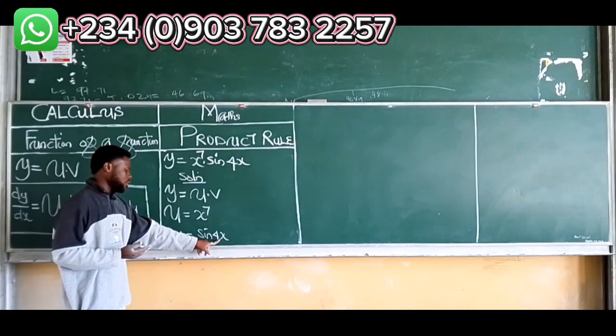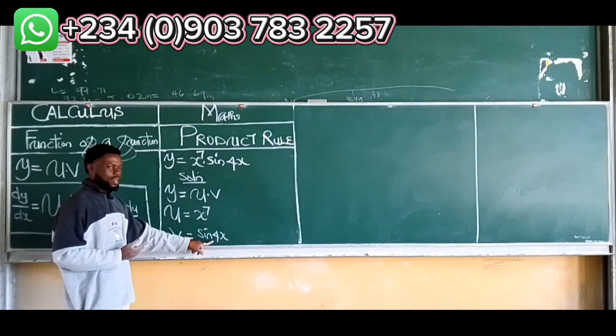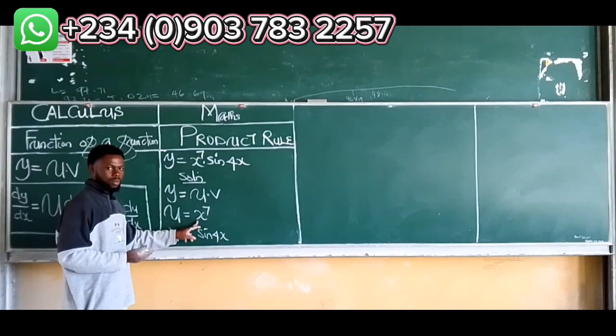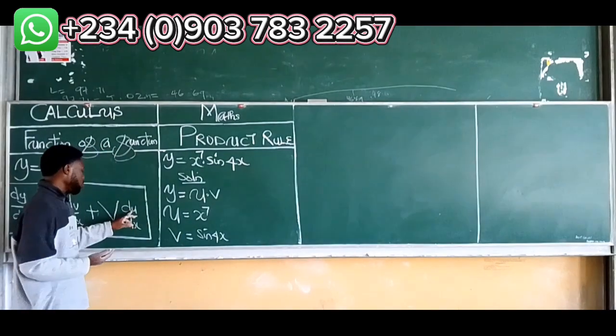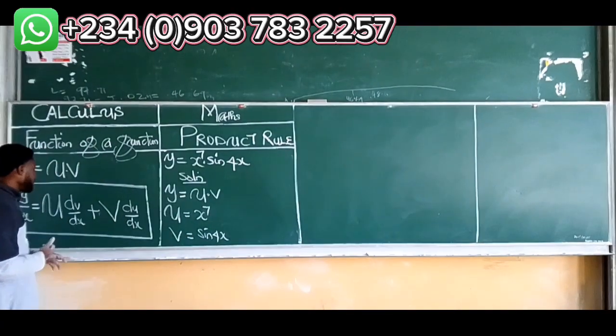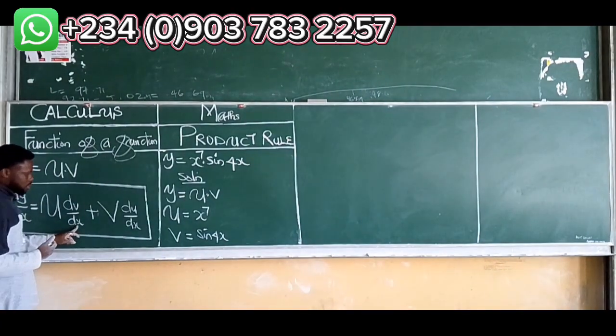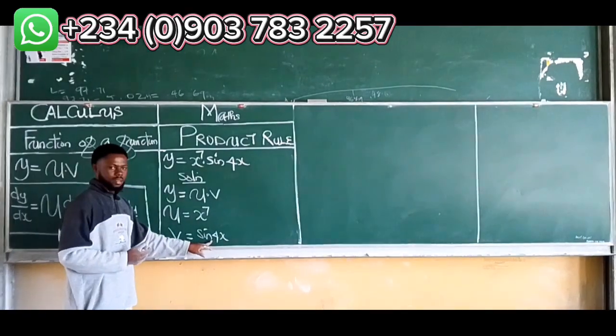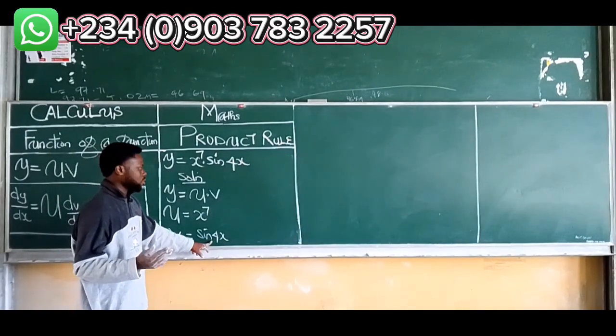This is the only equation that comprises v and x variables, while this one is u and x. So when we are talking about du over dx, you consider u and x. Now we are considering dv over dx because this equation is made up of v and x. So take note of the concept.